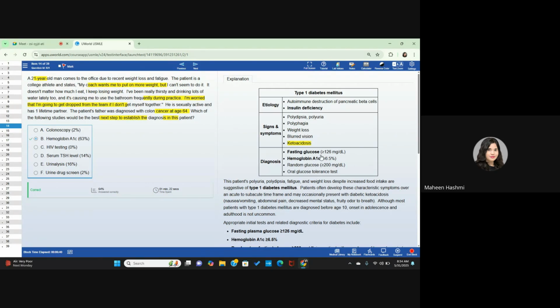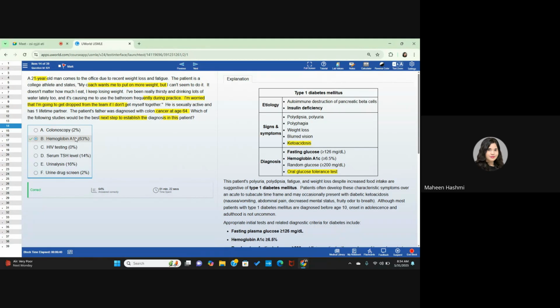So fasting glucose would be greater than 126, HbA1c greater than 6.5, random glucose greater than 200. You also do OGTT in pregnant women to screen them for gestational diabetes mellitus. That is the most specific test. So for a pregnant woman, if they're asking you what is the next best step, you always pick OGTT, because that is more significant in gestational diabetes, and not HbA1c.